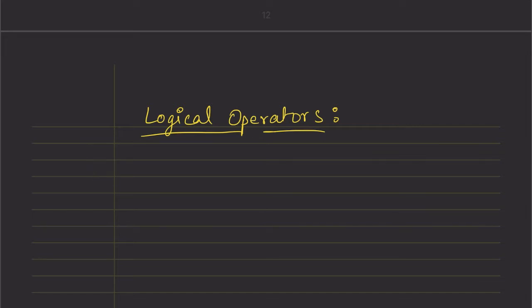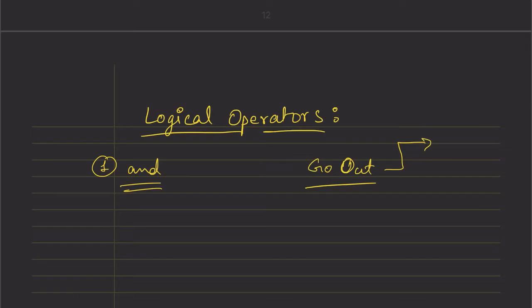The first one is called the AND operator, and let us understand this operator by relating it to our daily life situations. Let's say you are taking a decision about whether to go out or not in the evening to play. That decision depends on two conditions.